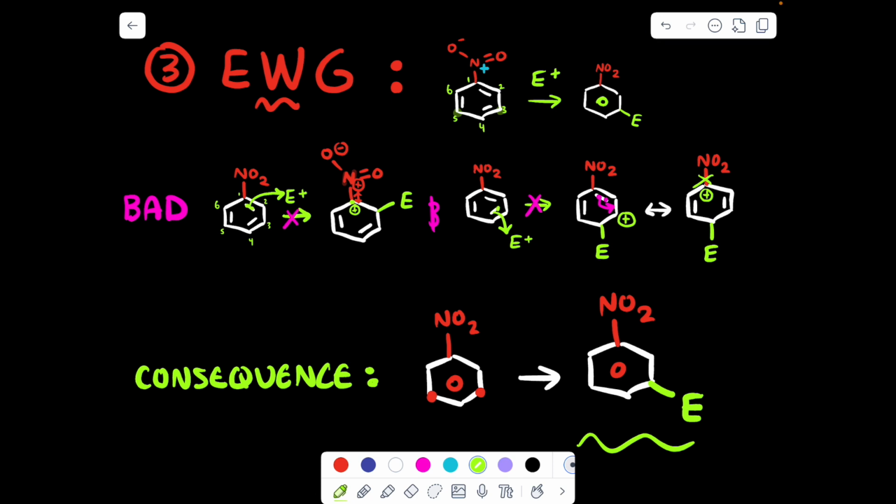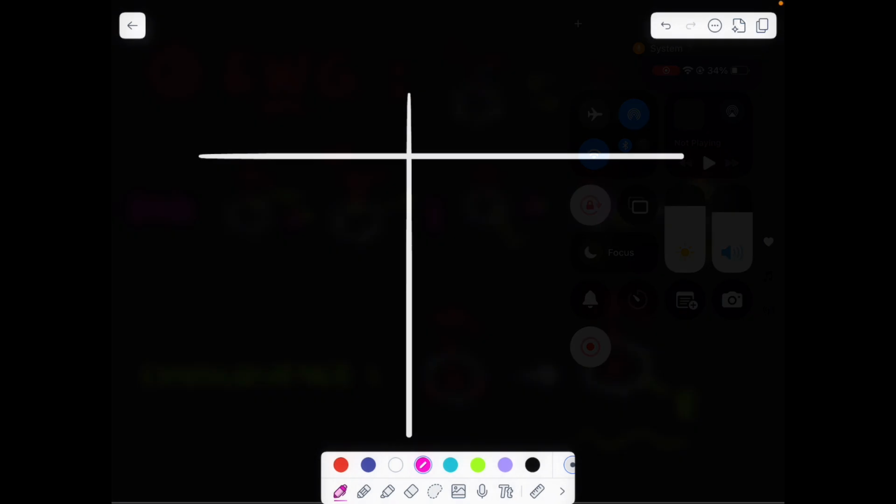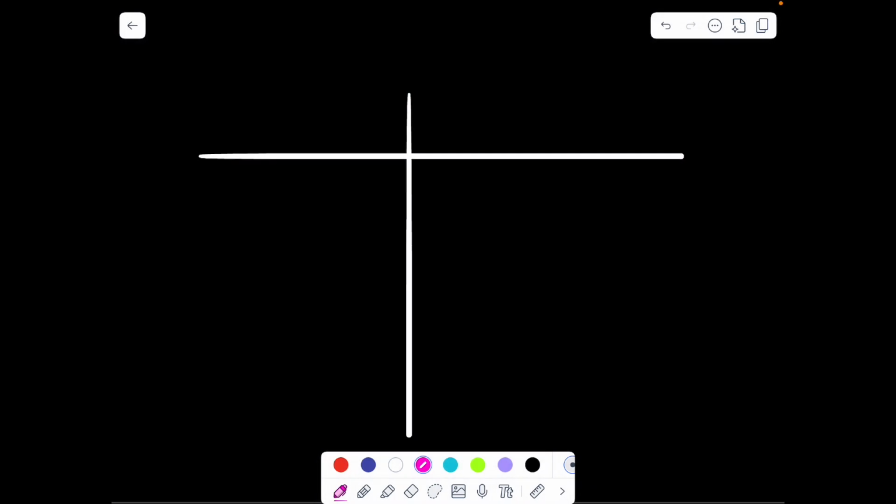Now, before we move to part 4 and do some actual examples, let's summarize everything we learned about electron withdrawing groups and electron donating groups. The easiest way to summarize something is to make a table. So you have your electron donating groups and your electron withdrawing groups. Examples of electron donating groups are any OR group.